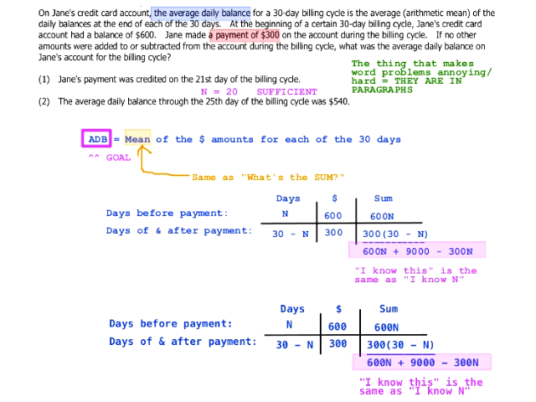But the thing that you can think about is this is kind of the same analysis we've already done, except that you can put 25 in there, because we're talking about the average balance through the 25th day.